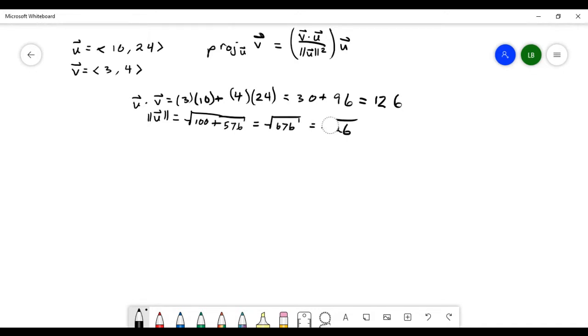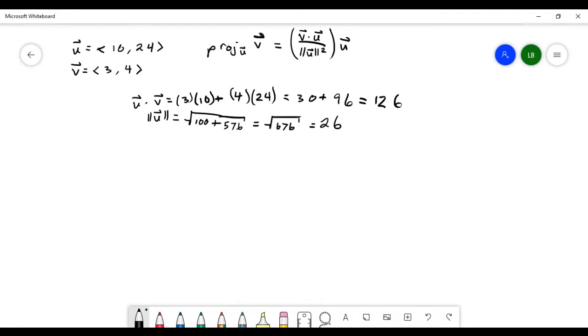Oh, sorry, that should just be 26, not the square root of 26. The easiest way to find the magnitude of u is that it's a special right triangle. It's a 5, 12, 13 triangle, but twice as large. So the magnitude of u is 26.